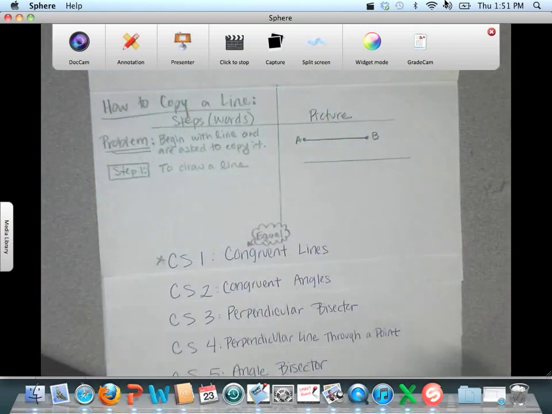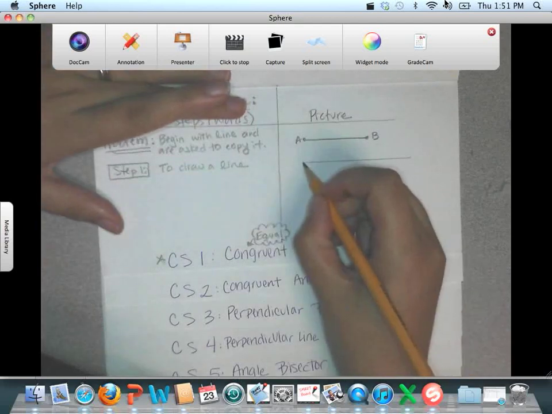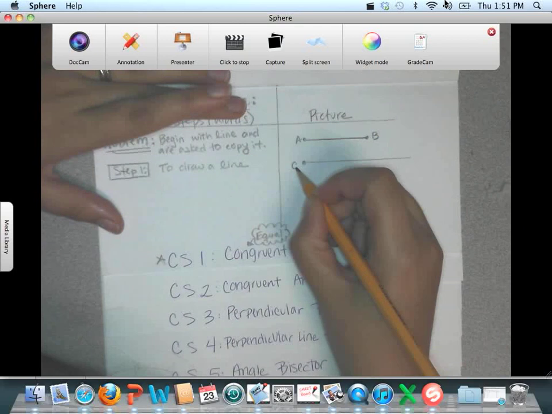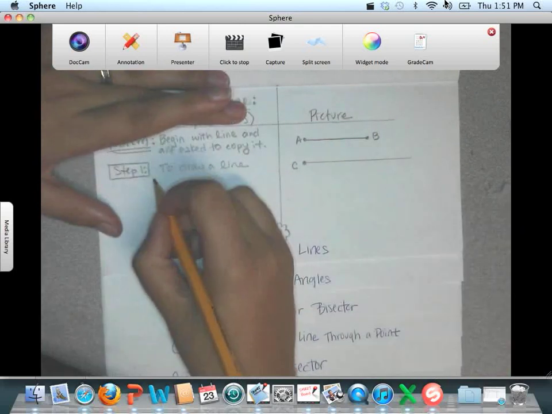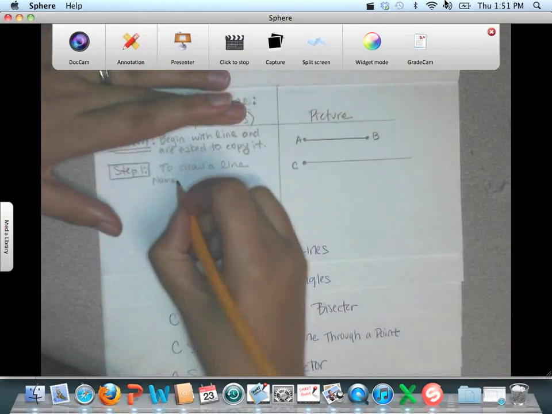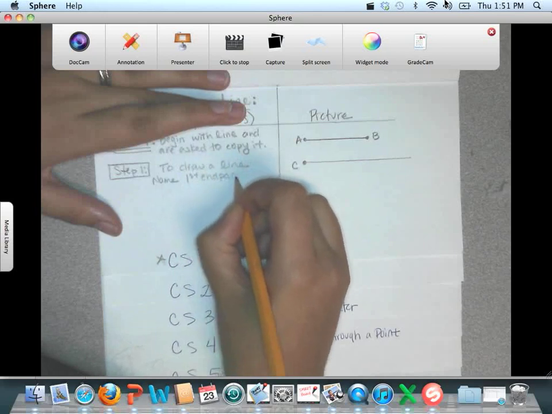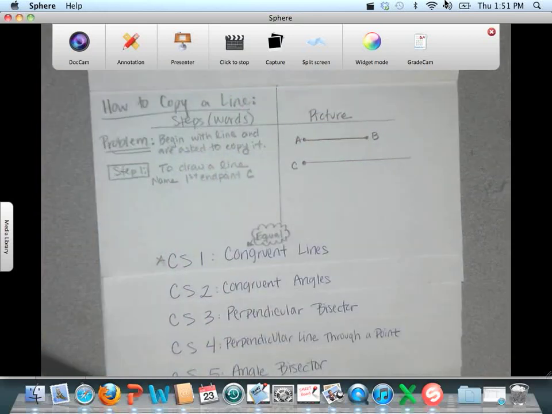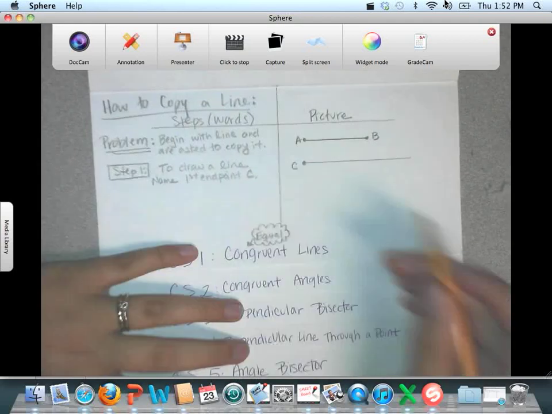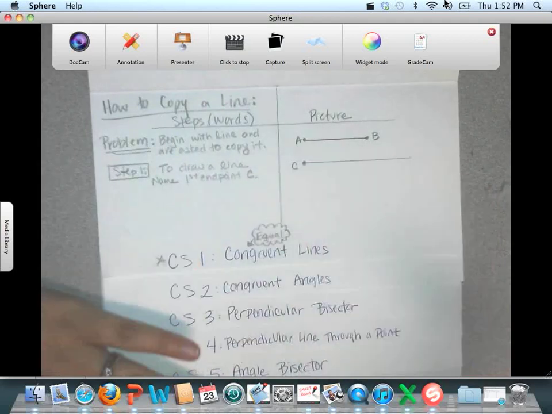And I'm going to call one of the ends C. You don't have to use C, but I use C, since A, B, C makes sense, right?